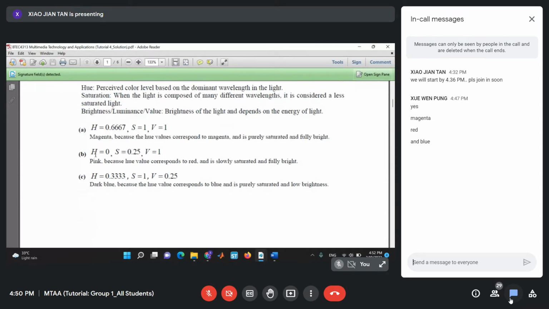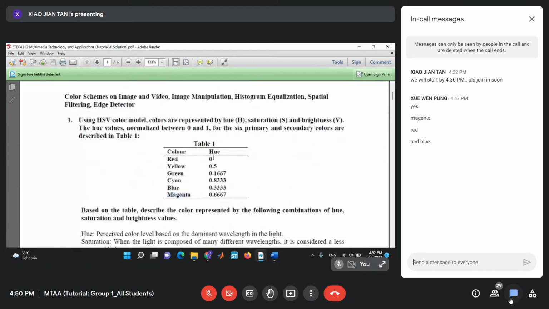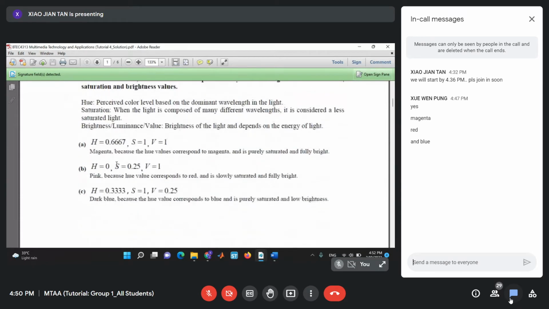Okay. For the second one, B, the value is 0 degrees, so it refers to red, but the saturation S is only 0.25, which means it is not so saturated. When it is not so saturated, it won't be pure red; it will be something diluted. And V is 1, which means it's quite a bright color.